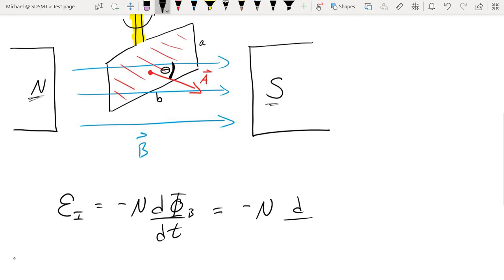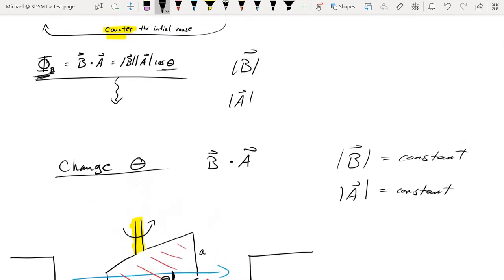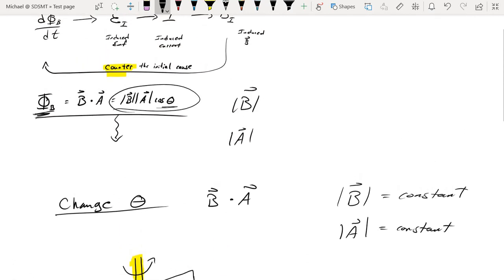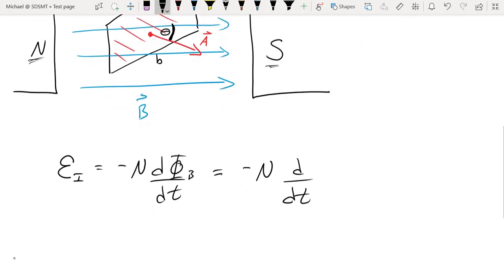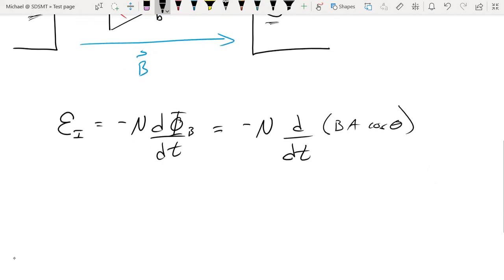Now, the derivative that we need to take is the derivative of our magnetic flux expression. And as we said, both B and A are going to remain constant. Theta is the only thing that's going to change with respect to time.